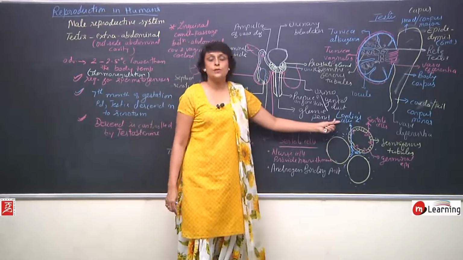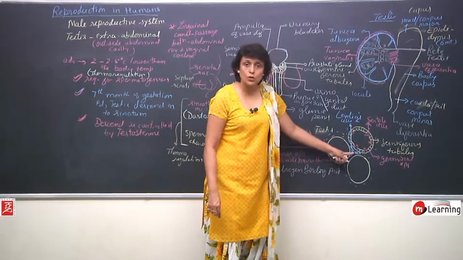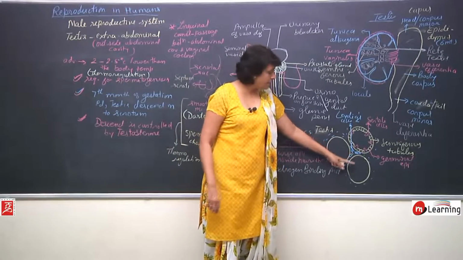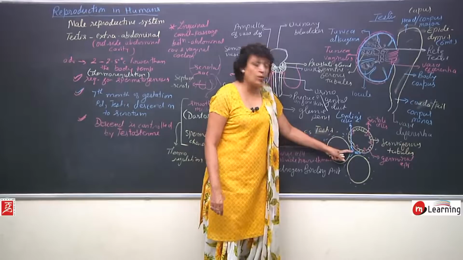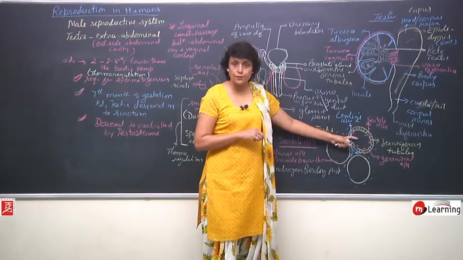They produce testosterone. Now, the location where testosterone is produced is in the interstitial fluid outside the seminiferous tubules, and the location where sperms are produced is inside the seminiferous tubules.